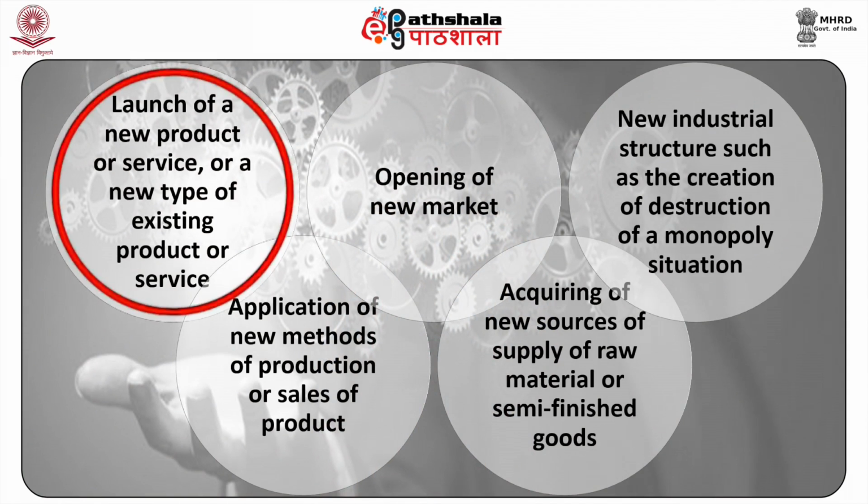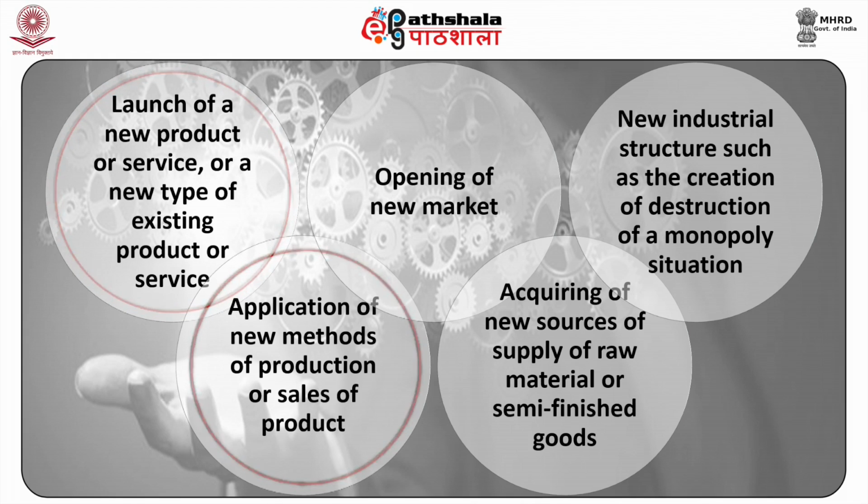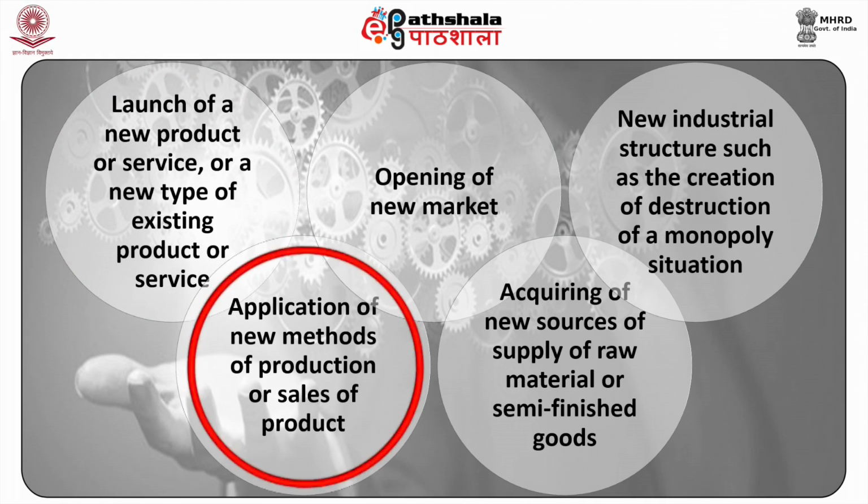In his famous work, Theory of Economic Development, Schumpeter described development as driven by innovations, which can be further divided into a few parts. Number one, launch of a new product or service, or a new type of existing product or service. Number two, application of new methods of production or sales of a product.